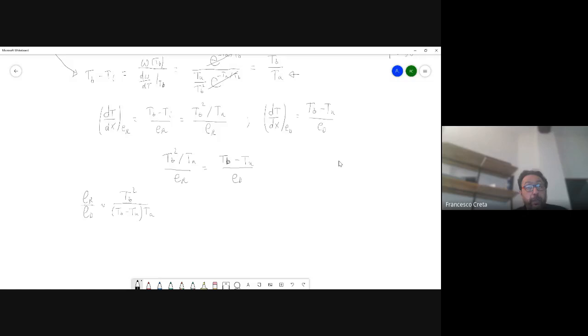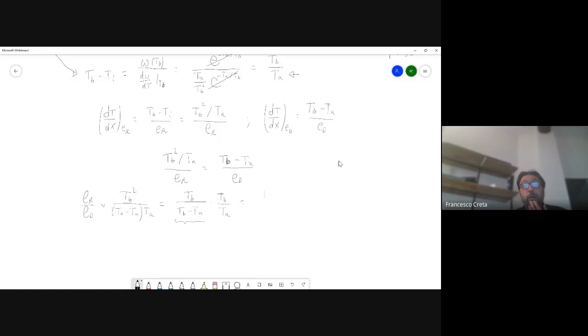But we can write it in another way. We can write it as essentially TB divided by TB minus TU, and then we're left here with TB over TA. Let me rewrite this by dividing top and bottom by TB.